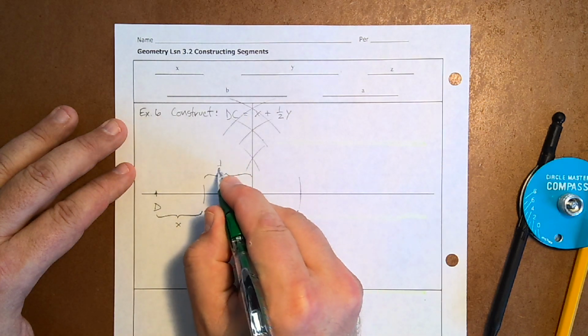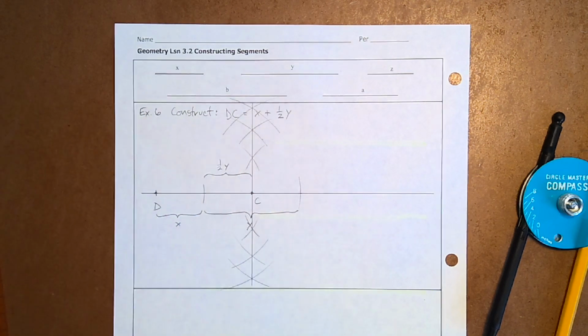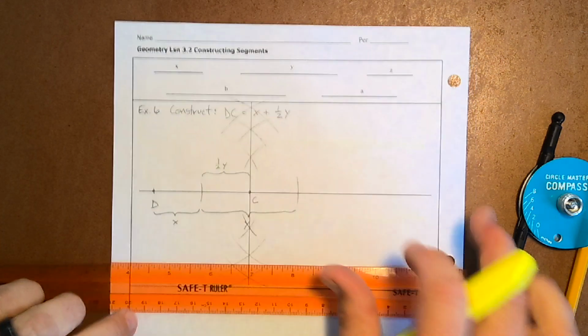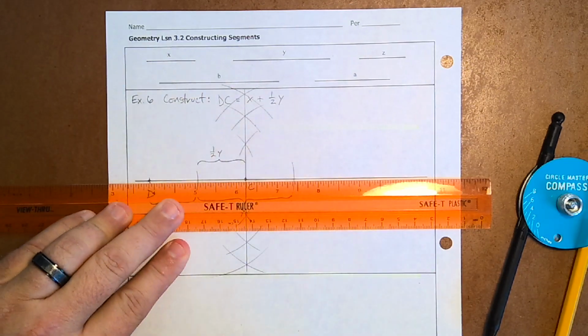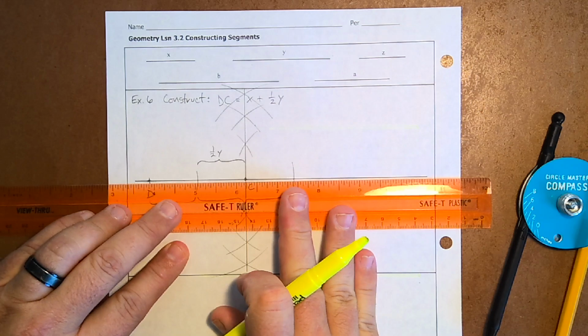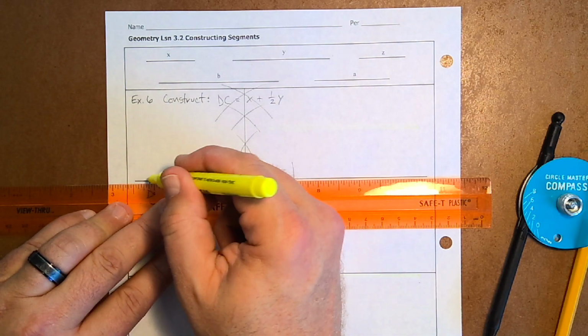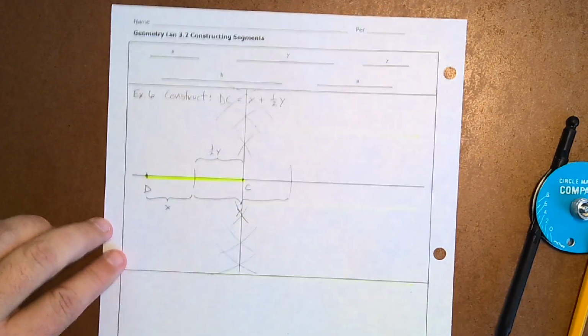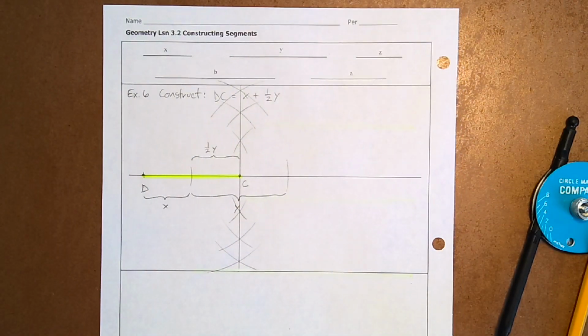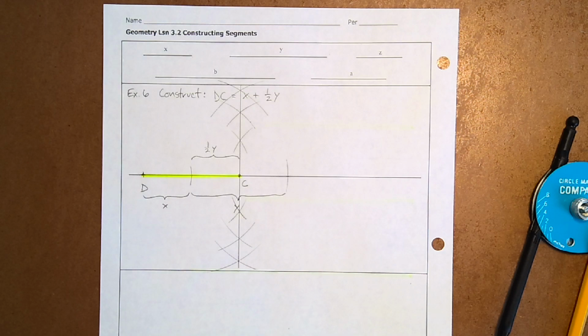That is 1/2 Y. And that allows us to highlight our line segment DC, that is x plus 1/2 Y long. Got it?